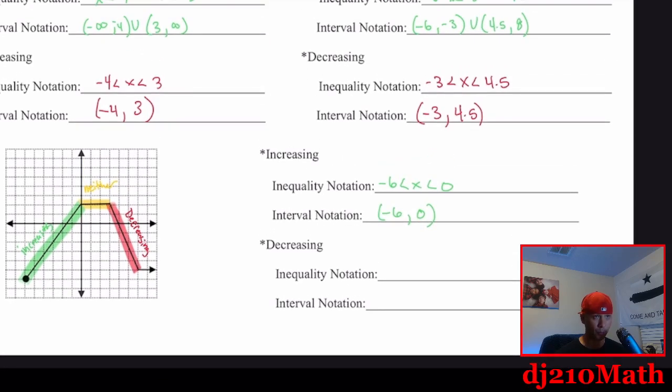And then for decreasing, the red part, it's decreasing from, looks like 3, 4, 5, 6. 3 to 6. And again, as an inequality, X is going to be in between 3 and 6. And we don't mention the yellow one because it's neither increasing nor decreasing.